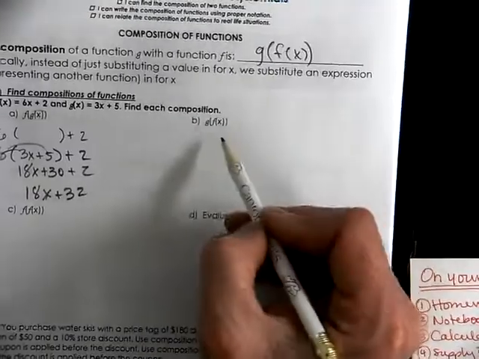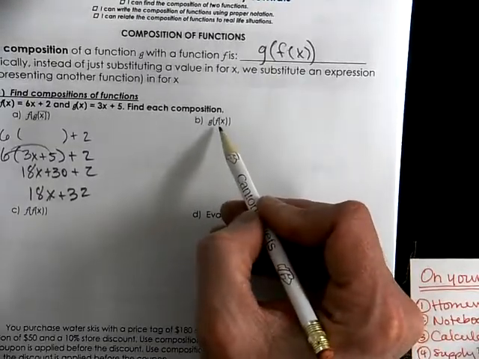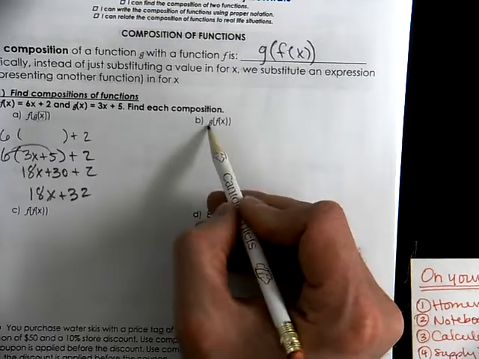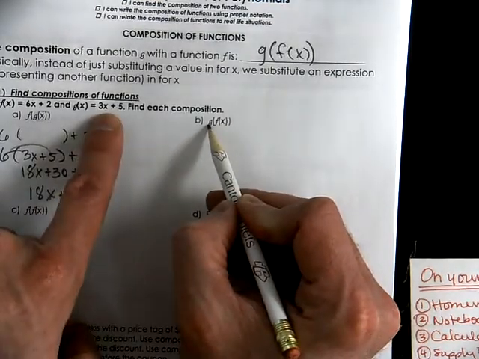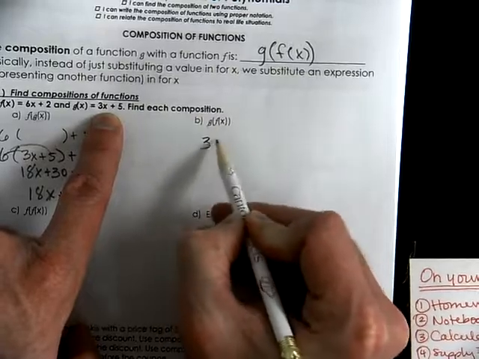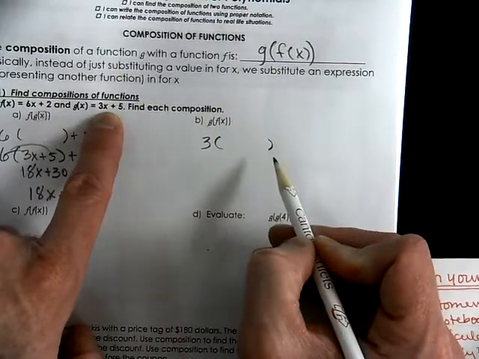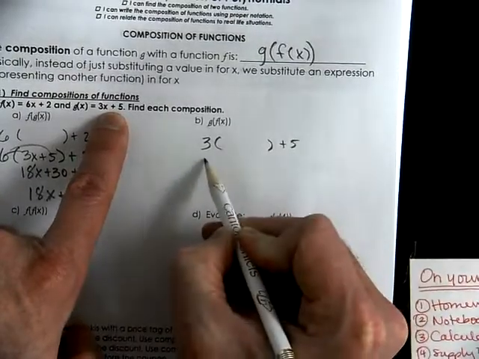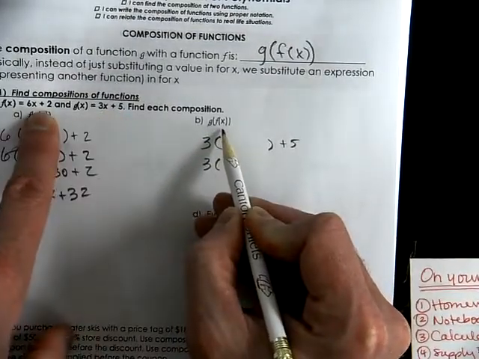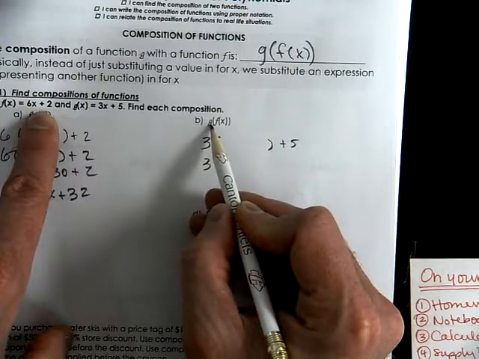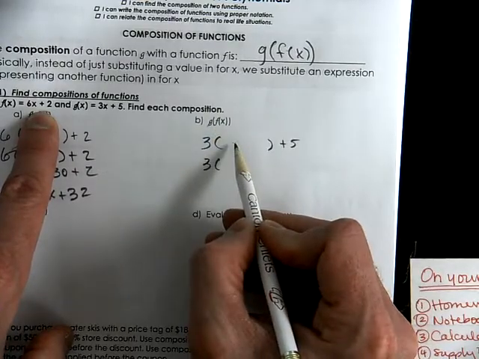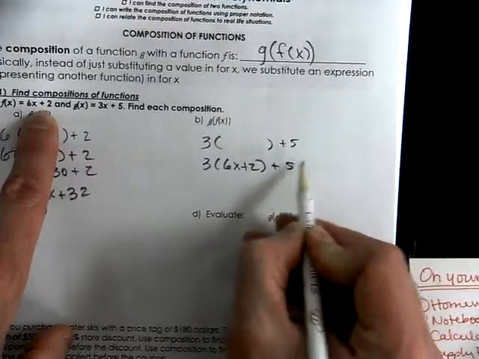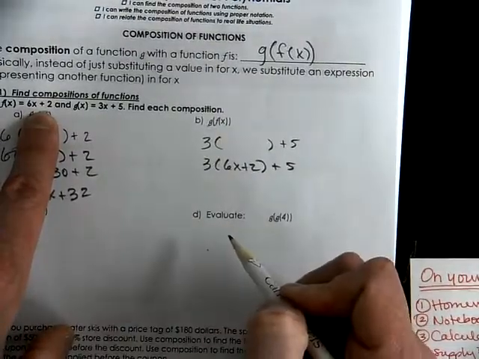Let's come on over and do g of f of x. So we're going to start with the g function, which is 3 times something plus 5. So we're going to plug the f function into the g function. 6x plus 2 gets plugged into the g function.